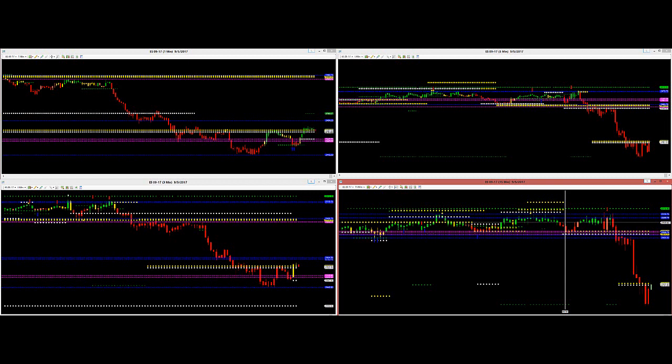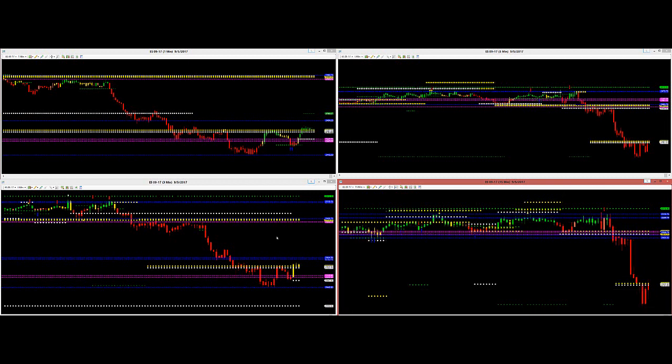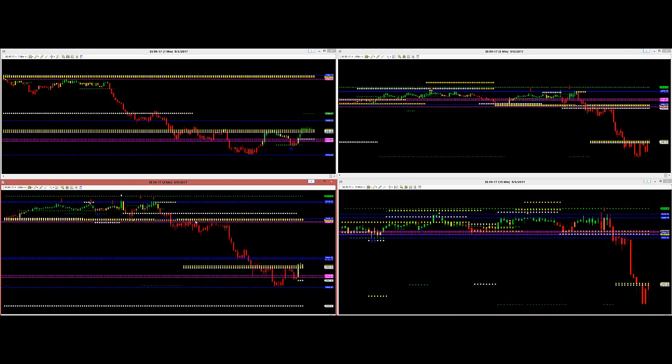Or like, say, in this example, if we are looking at the 3 minutes, you can see how many times the ES tried to break those areas and didn't make it. Also, for many auto trades, you can direct your auto trade, like our auto trade.